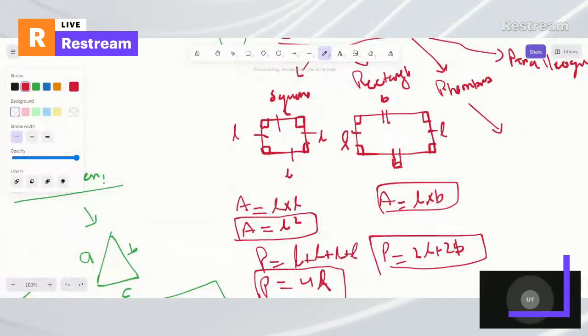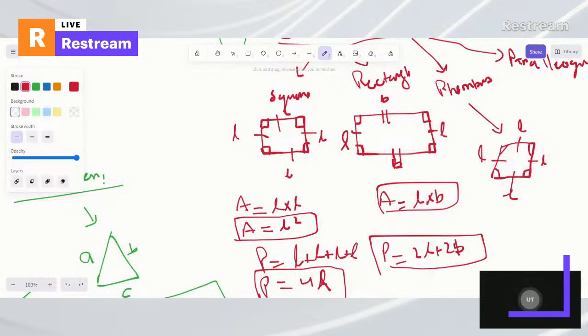A rhombus is essentially a shape which is identical or similar to a square. However, it is a little bit tilted. Like a square, it has all sides equal to each other, so it has length, length, length and length. But the angles are not 90, they're different.